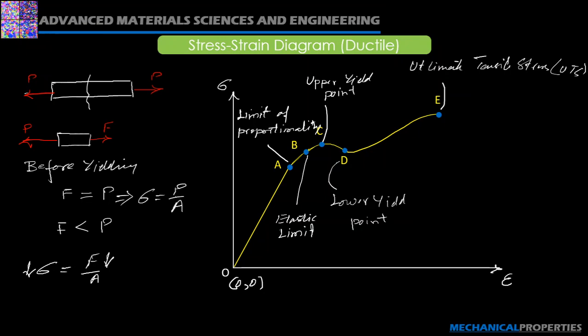Now on further application of the load, the necking is produced in the material, and because of the reduced cross-section area the stress is decreasing, but still the strain value is increasing, and at point F the material breaks and fracture takes place.